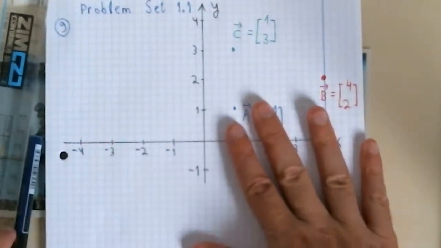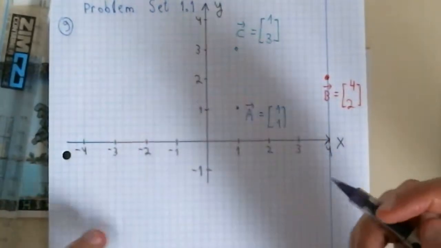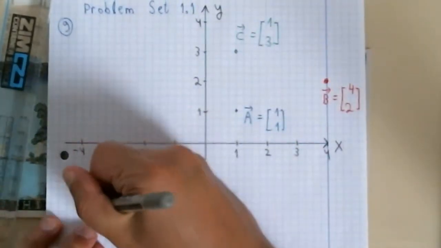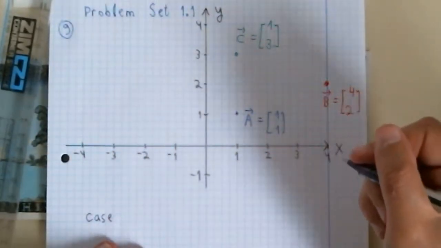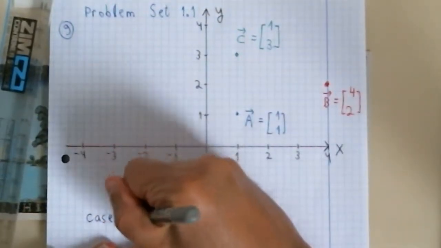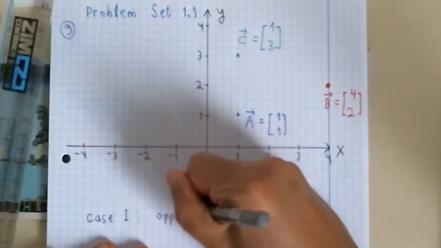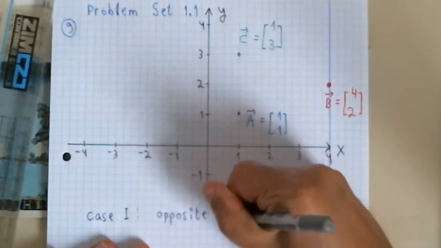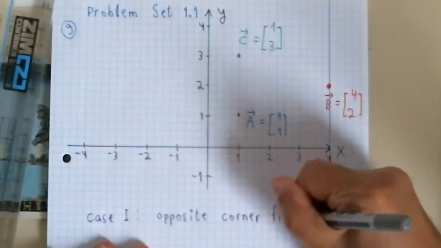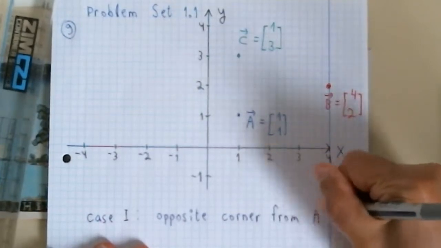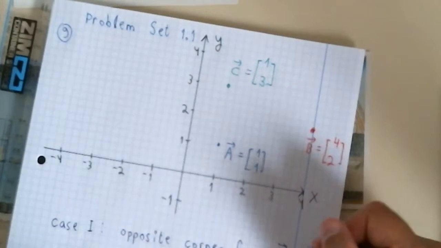So let's write it in purple. Case 1. Opposite corner from A. Okay, A is 1, 1.